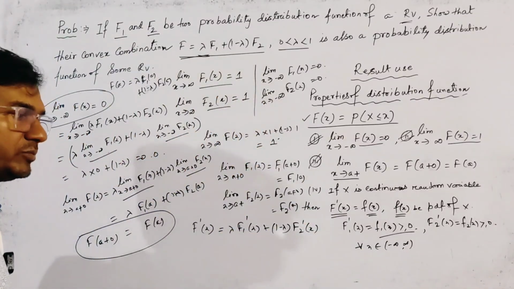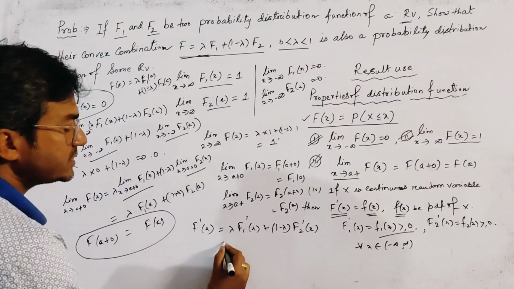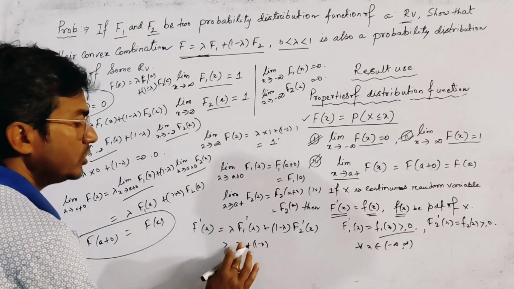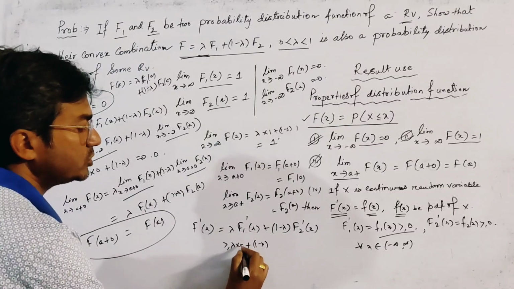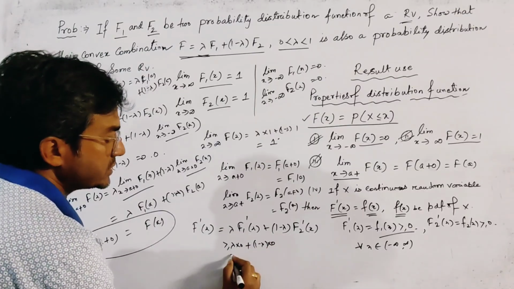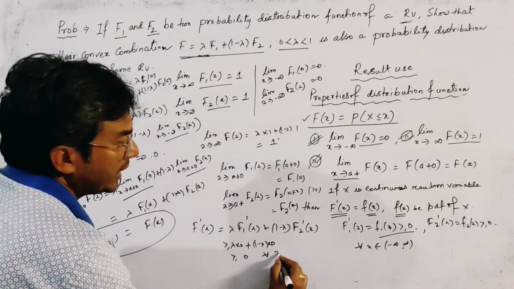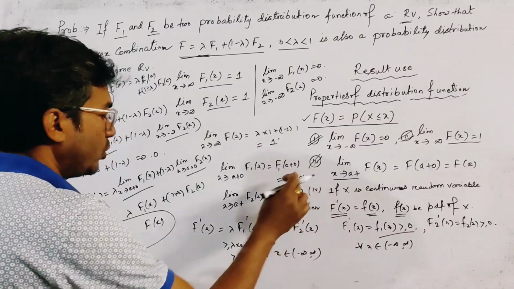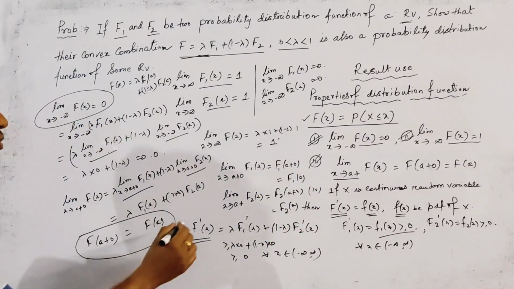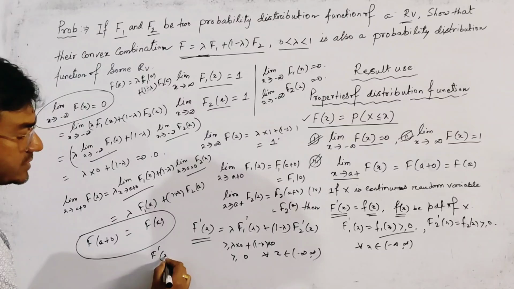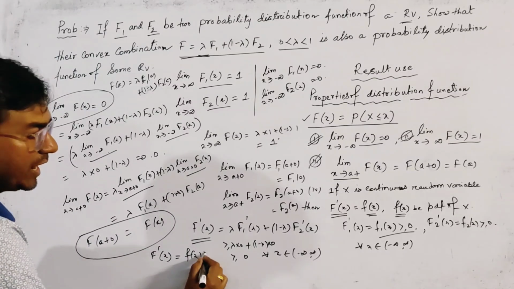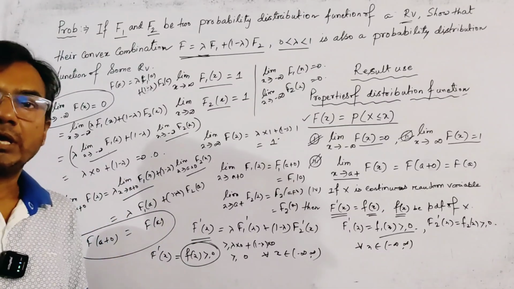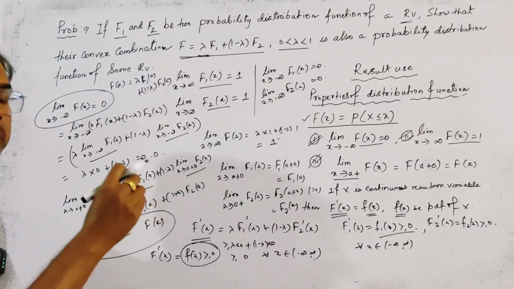This is the property of a PDF. So this is greater than or equal to lambda into 0 plus (1 minus lambda) into 0, which is greater than or equal to 0 for all x. So F'(x), which is f(x), is greater than or equal to 0, that is, f(x) follows the property of a PDF.